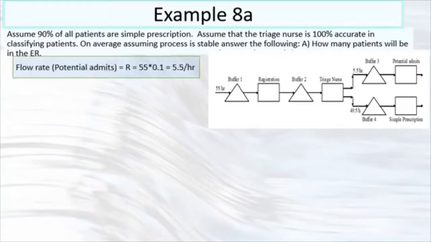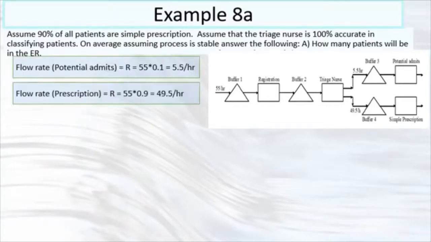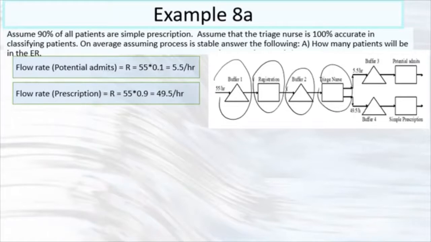So again, we're doing the same thing as we've done in the previous question. We're going to look at the inventory in each stage: buffer 1, registration, buffer 2, triage nurse, buffer 3, buffer 4, potential admits, and the doctor visits, and we add them all up to get an overall number for the inventory.